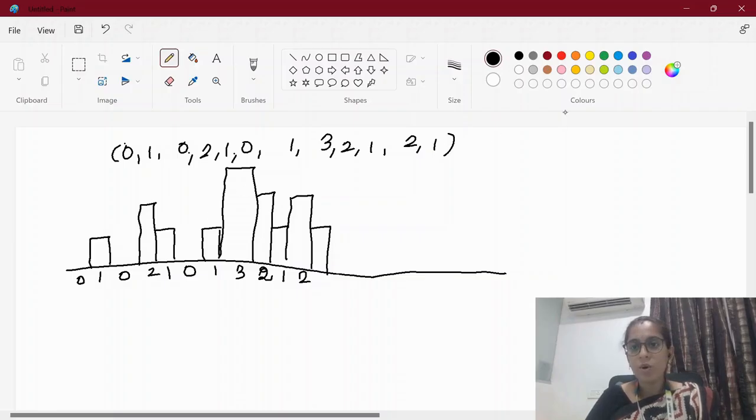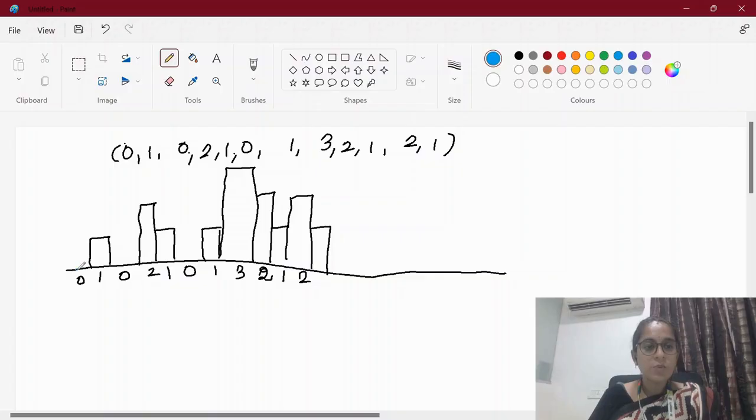Trapping water might be here. We select the next color. So here 0 is in the first position. We have to look at both sides, both left and right side.